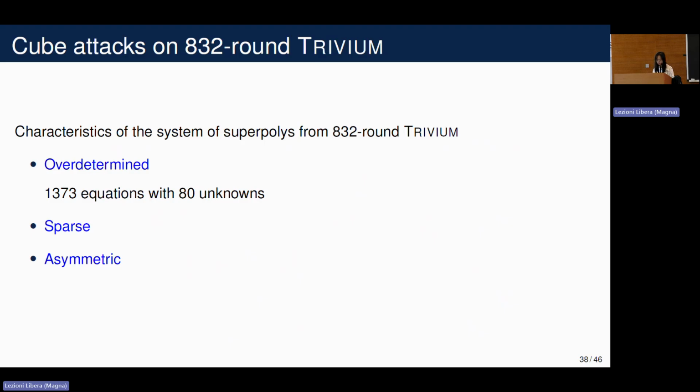The system of superpolys has some characteristics. First, there are 1,300 equations with 80 unknowns, so this system is highly overdetermined. The other two characteristics are sparse and asymmetric.